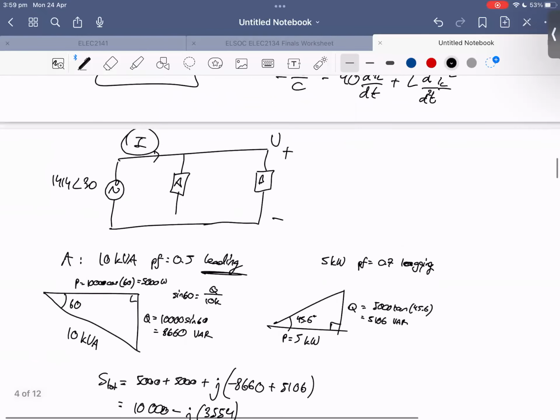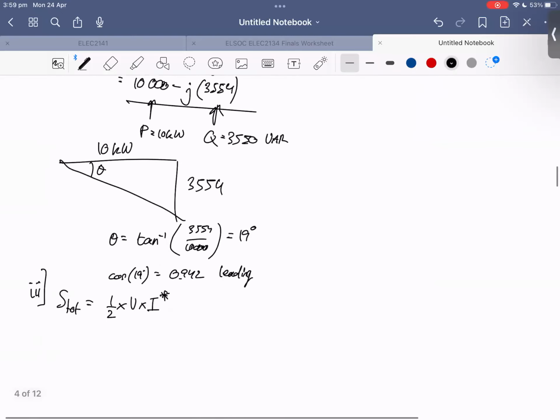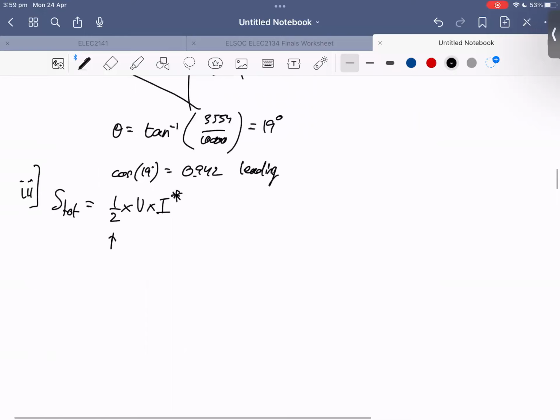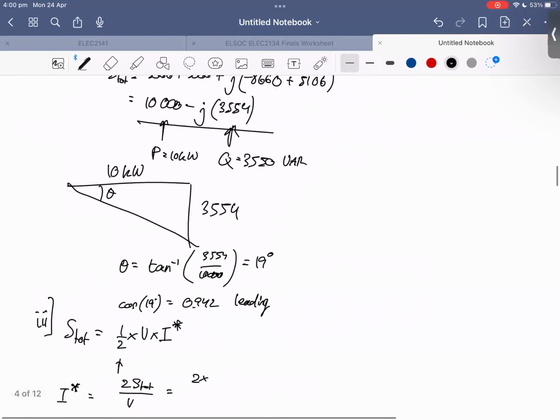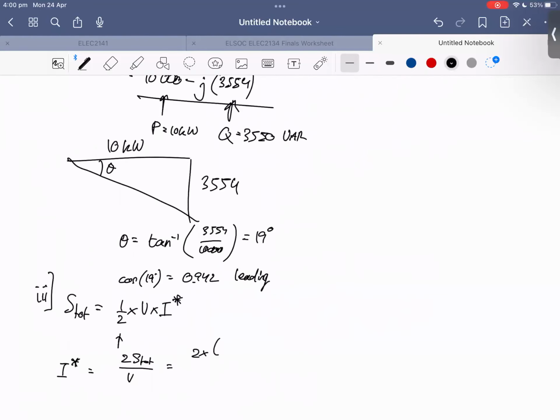And these aren't in RMS. The question didn't say that it was in RMS. So that's why I have this factor of a half out the front. So I can get I conjugate is S total times 2 divided by the voltage.